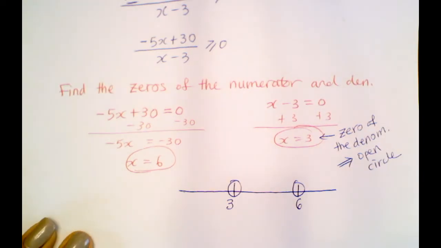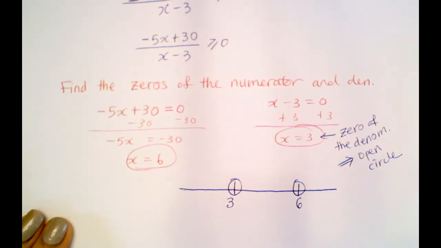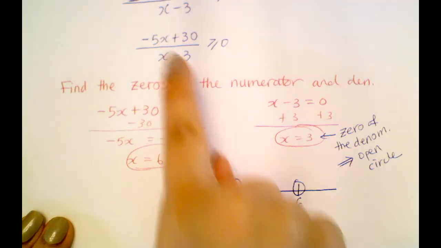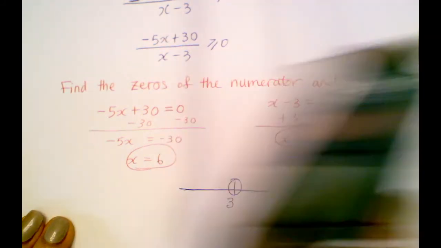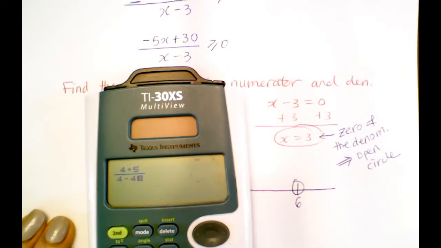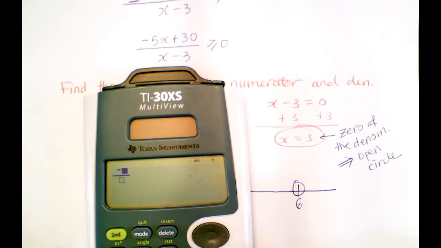And now if you're confused, if you're like, which one has to be open? Plug them both in. I'm going to plug in 6 into x. Negative 5 times 6 plus 30 divided by 6 minus, what was the number in the bottom?